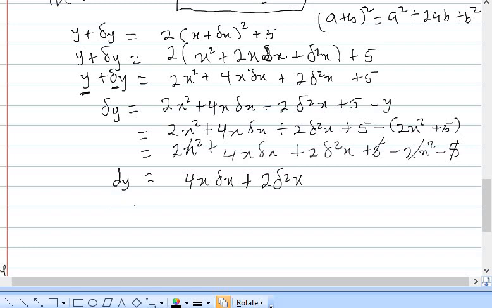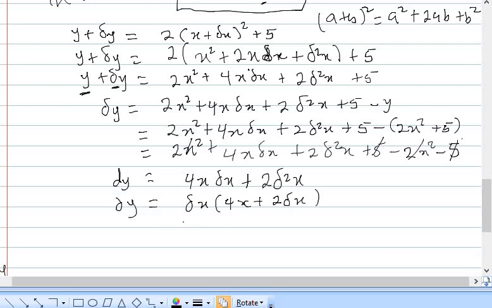So here we have dy. From here we are trying to find dy by dx, so we can say dy, that's the change in y, is equal to this. So we can factor out del x, saying del x outside the parentheses, that's into 4x plus 2 del x.